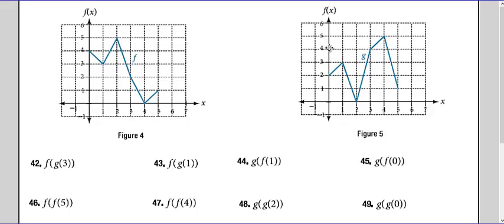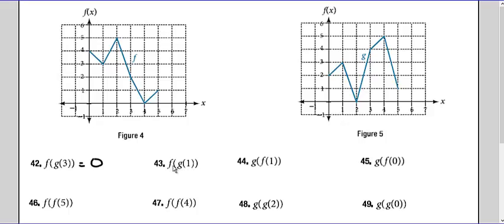Then we take this 4 to here, and use that output of the g function as the input for the f function. So you take g of 3 is 4. Take that 4, put it down here. f of 4 is 0.